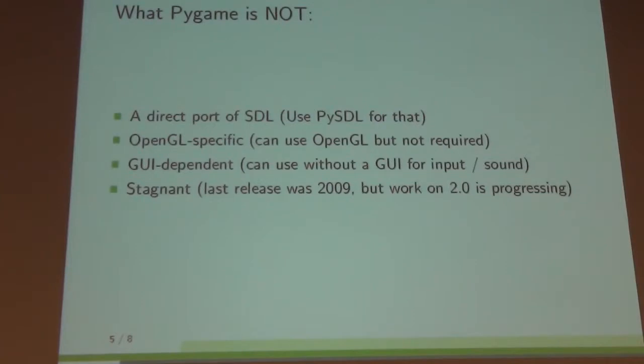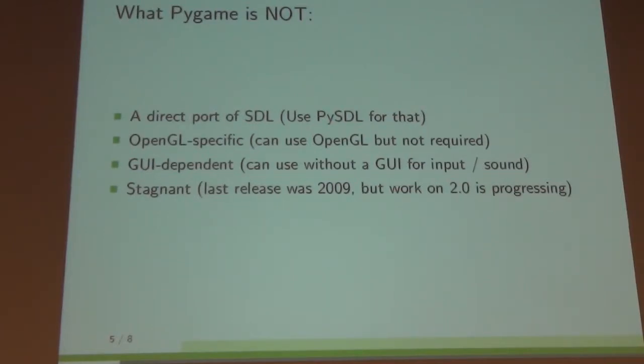It is not GUI dependent, so if you like the event handling, if you like the sound libraries, you can use it with that. And it is also not stagnant. The last release was in 2009, but they're still working on 2.0, so they're doing some updates. I haven't followed the development that closely, so if you ask me about 2.0, I will deny all knowledge.